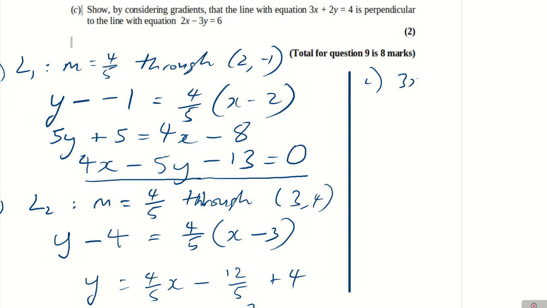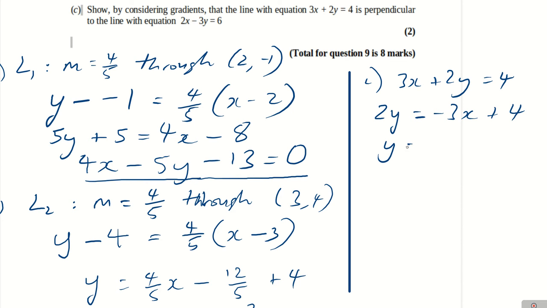We've got a line with the equation 3x plus 2y equals 4. What we need to do is find the gradient of this line, and then find the gradient of the other line and check to see if they multiply to give us minus 1. So how do we find the gradient? Well, we want to get it into the form y equals mx plus c. So 2y is minus 3x plus 4.